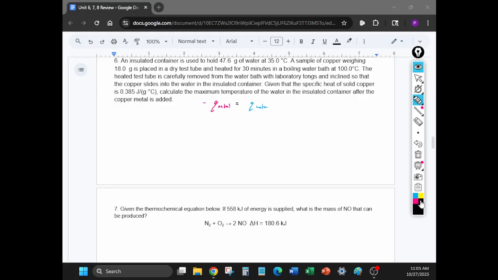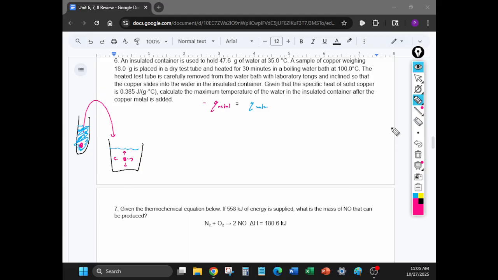The reason why is the question tells you that you have a test tube with your metal, and then you heat it up in boiling water. You put it in the calorimeter, and then the metal is going to release energy into the water, and it's going to go up to a certain temperature. The question is asking you to find the maximum temperature of the water.